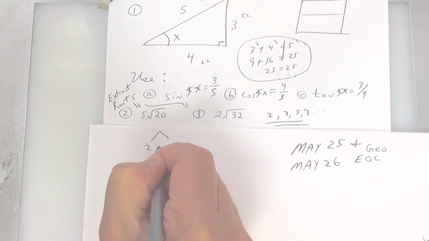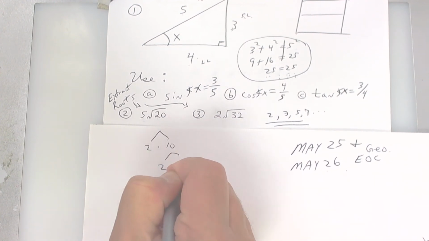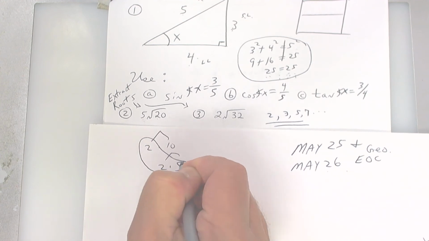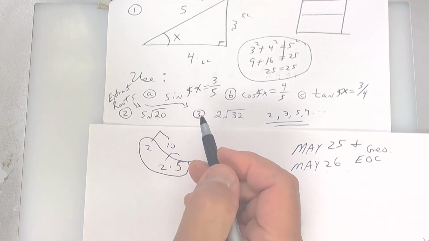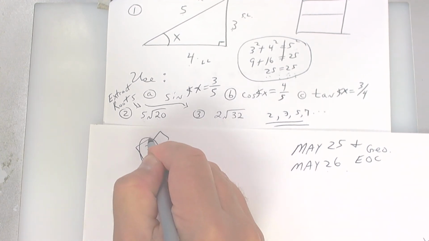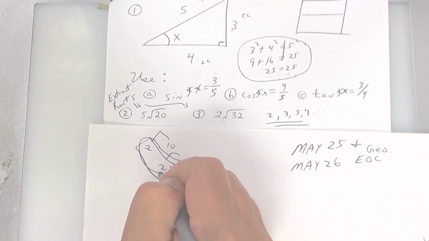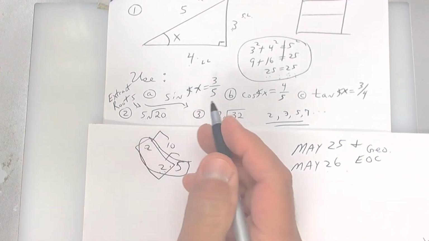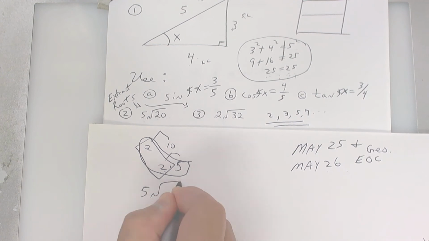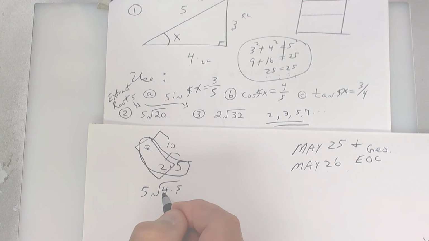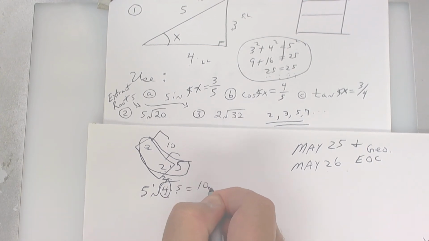So you're going to do 2 times 10 and then 2 times 5. All of this is equal to 20, but this is 2 of a kind. 2 of a kind makes a perfect square. So 5 square root of 20 is really 5, and then 4 times 5. 4 times 5 is 20. The square root of 4 is 2, so you're going to take a 2 out. That's called extracting a perfect root. And then 5 times 2 is 10. So it's going to be 10 square root of 5.